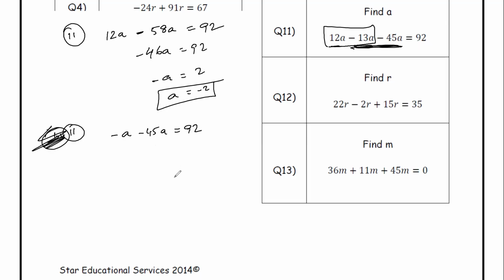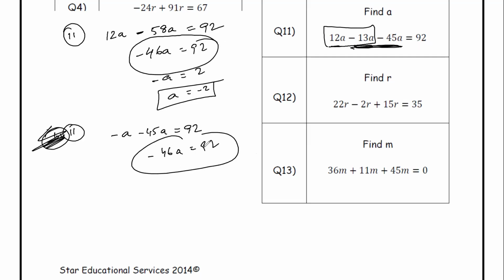Because this is a middle school textbook solution, I don't want to jump, because some people can just do it mentally. We want to go through the steps. Negative a, negative 45 is negative 46a, and that's how you can solve it. Same thing. You'll get a is equal to negative 2.